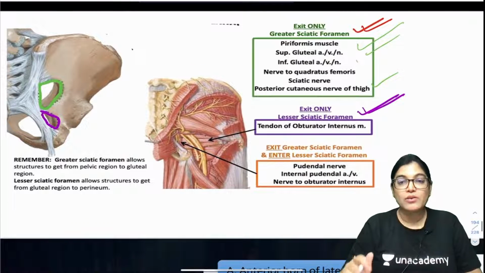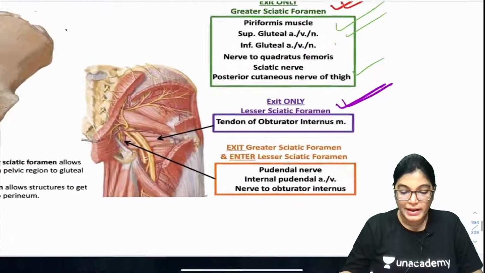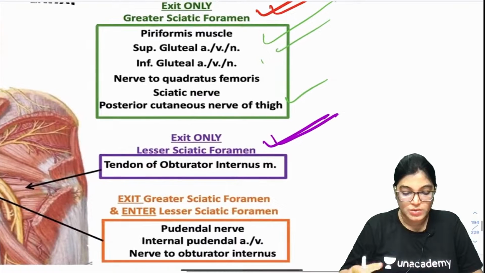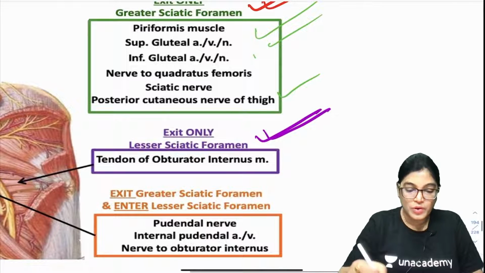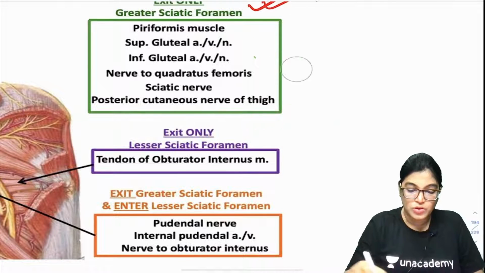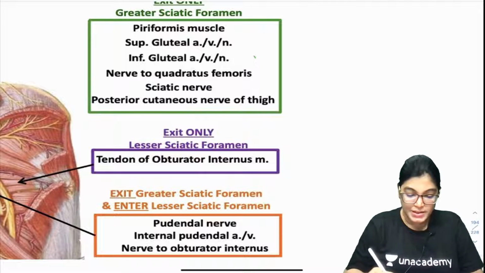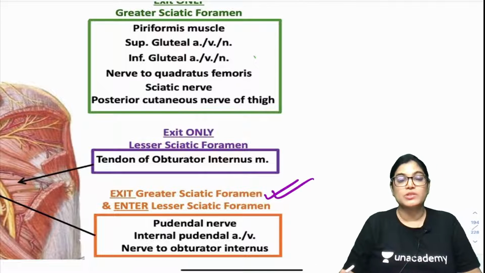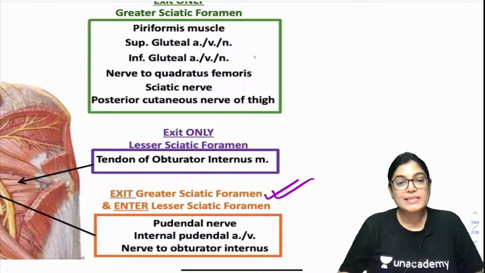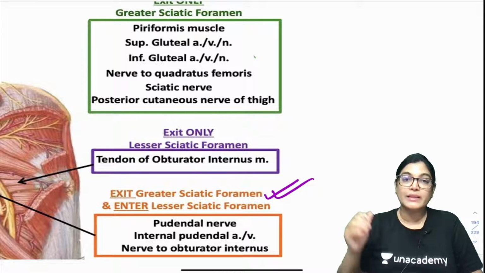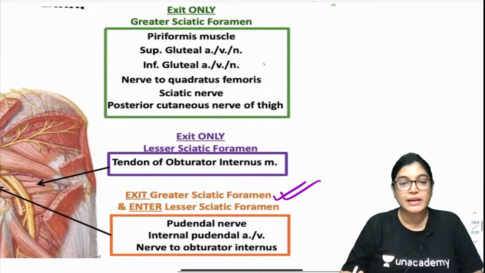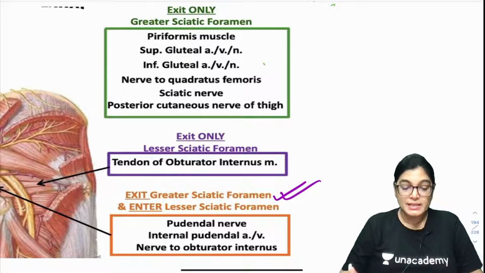Let me enlarge these boxes. I want you to also know these important points. The structures which exit the greater sciatic foramen and then enter the lesser sciatic foramen are three structures.